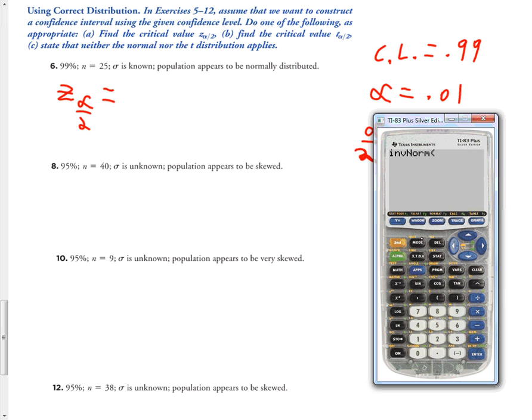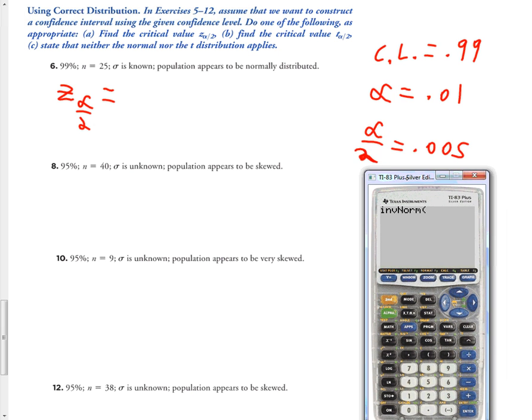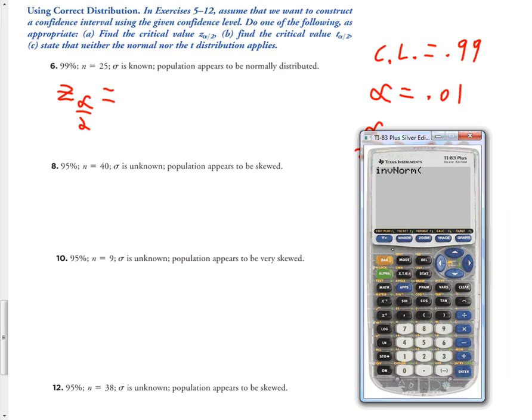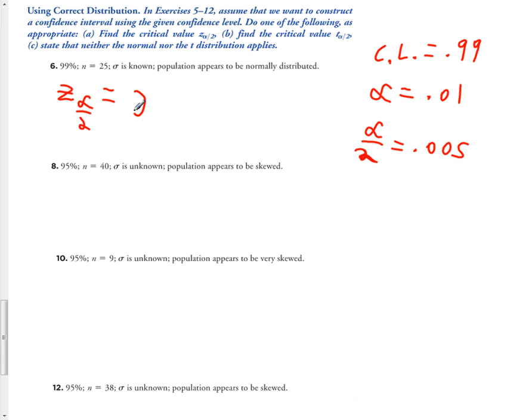And what we're going to plug in here is 1 minus alpha over 2, which is 1 minus 0.005. That will give us our critical z, and that is equal to 2.58. We've done that enough that we should know that by now. It's always going to give us the same value when the confidence level is 0.99, 2.58. All right, so that's number 6.